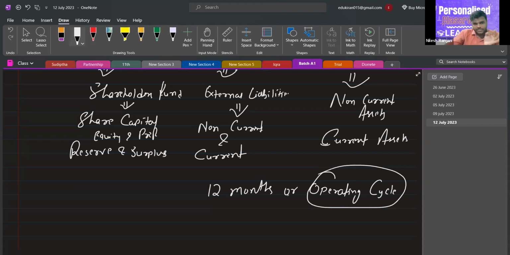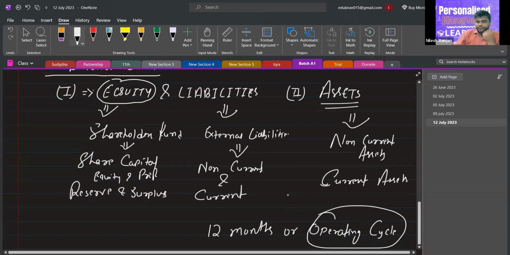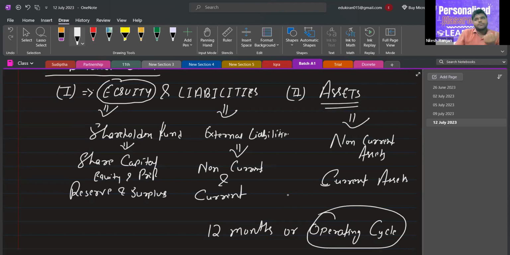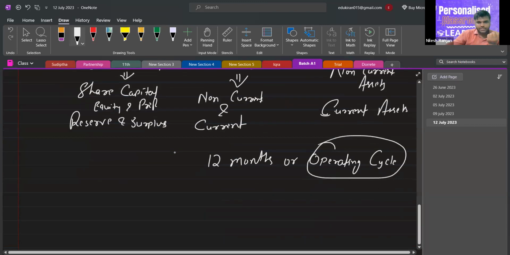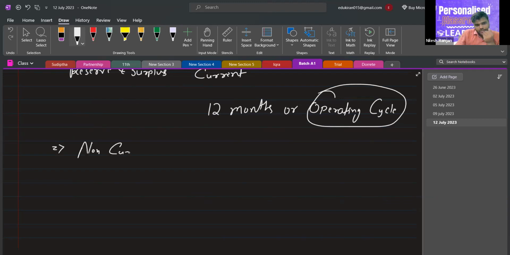So these are our basic balance sheet items. These are the headings. Now, if we go in detail, first of all, we will take non-current assets. So under non-current assets, there are certain items. Do you have your book right now? Yes, sir.